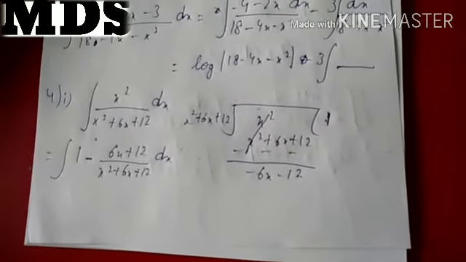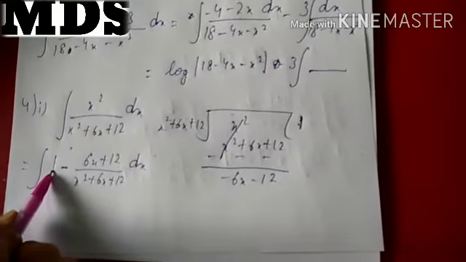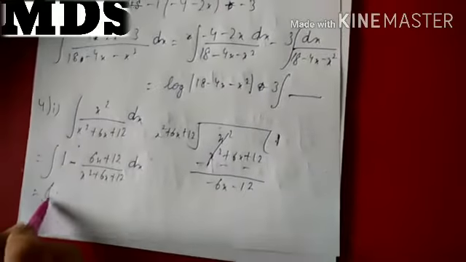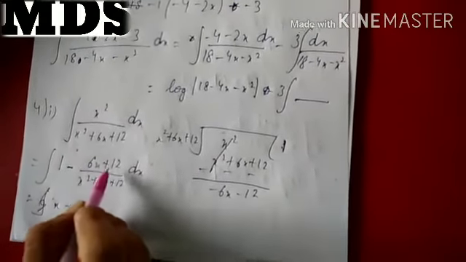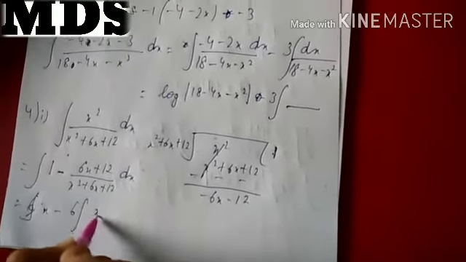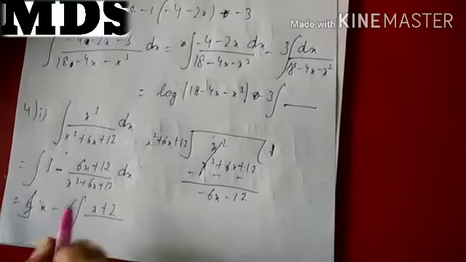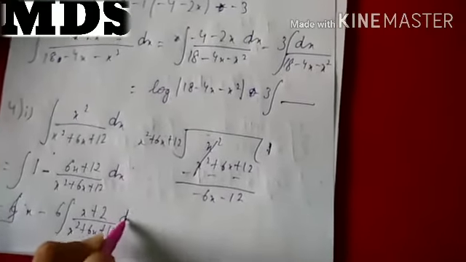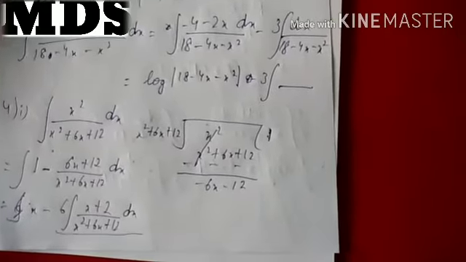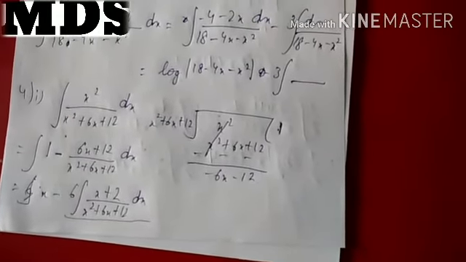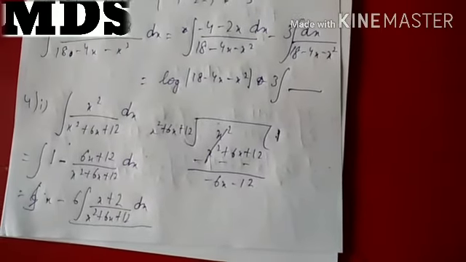Its differentiation is easy. It will be just x. Now minus 6 taking common from here, we get x plus 2 by x square plus 6x plus 12 dx. Now it is just like question number 3. So in this way you can solve this exercise.